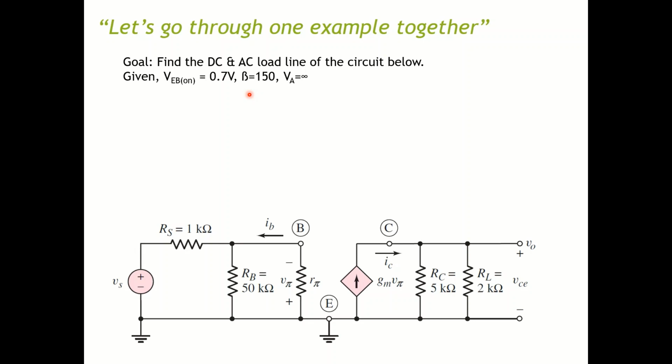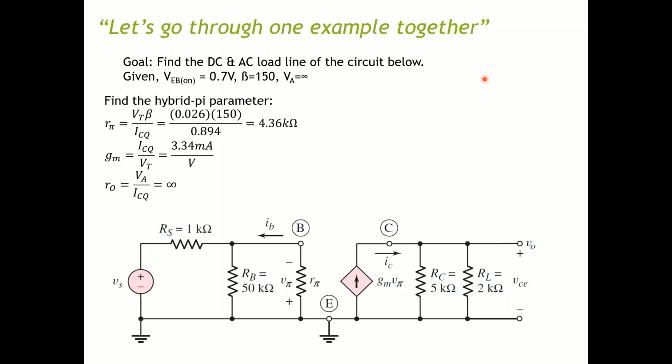To begin with, we need to figure out the small signal hybrid pi parameters. Technically, just plug in all of the equations that we did before. We can figure out r pi, gm, the transconductance parameter, and the output resistance. However, since we don't have any Early effect, the output resistance can go to infinity in this case.